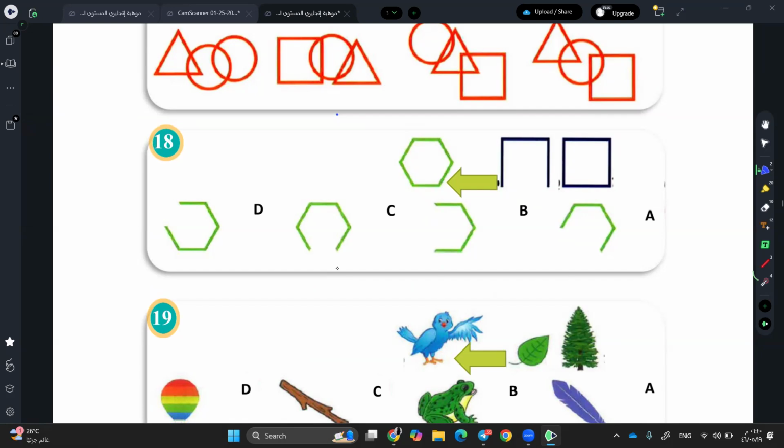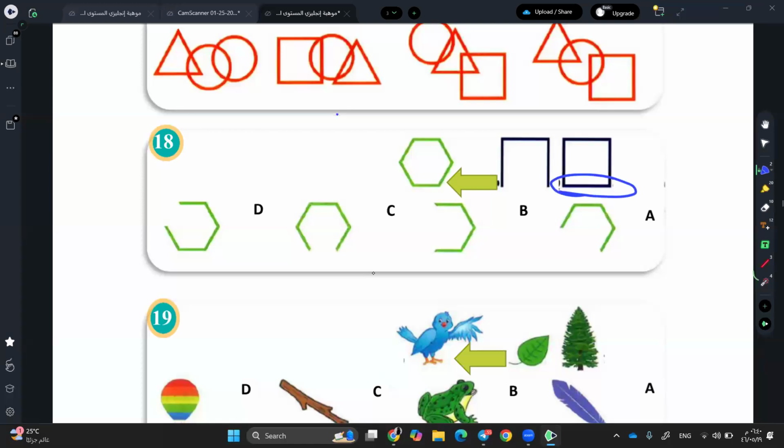Okay, yalla Ali, question number 18. The model shows a hexagon and, yes, you can choose. This is here square that we take a base from it.